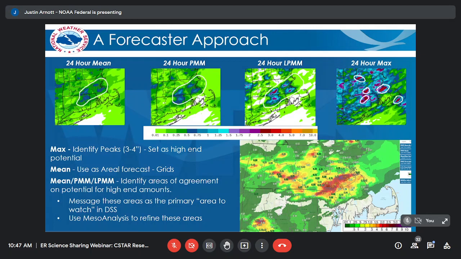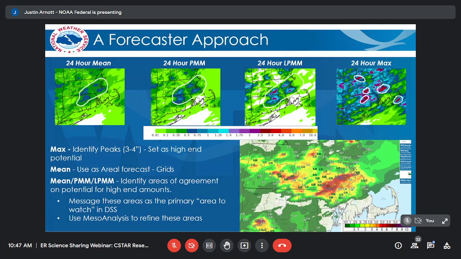I guess, I don't have any numbers to back it up, but just qualitatively, it seems that where you're going to get into trouble is when the HREF pinpoints, like back in the Down East Maine scenario, or even in the Norwood scenario, you've got this little popcorn setup where one ensemble member hit it here, one ensemble member hit it there, and in a lot of them you're going to overdo the QPF.